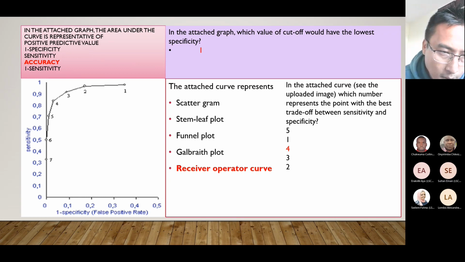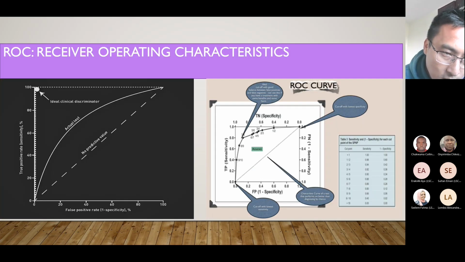Take this one, and if you are confused, try to measure with a scale. Which one is closest to this top tip? If you look at the graph, it says that this is the ideal clinical discriminator, the ideal cutoff.